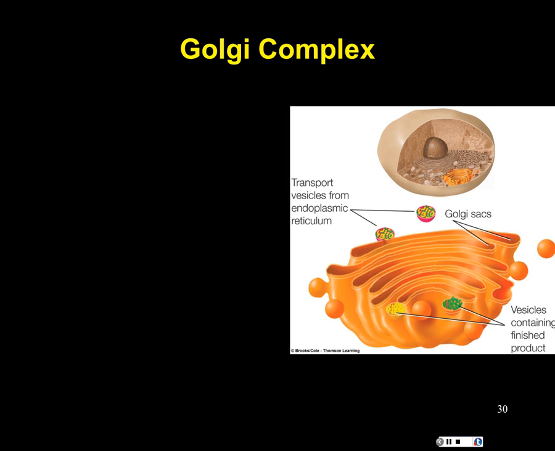What can we do? Eventually, yes, it will be shipped out of the Golgi, you're right. But before we ship it, we've got to process it. What kind of processing, modifying, what kind of modifications?